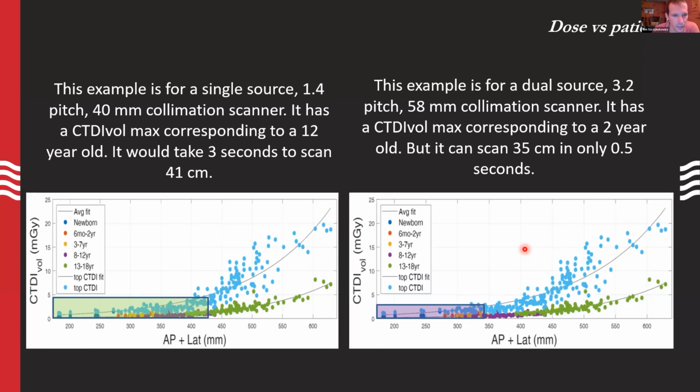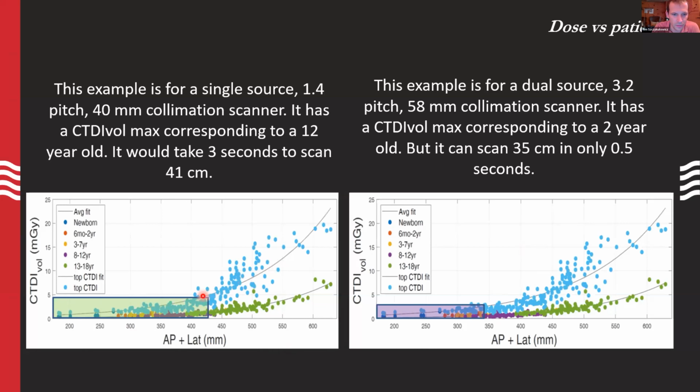What I'm showing here is that the height of the box is the maximum dose this protocol is able to do. And I've overlaid that on the dose curves that I need for various size protocols for my newborn, my 6-month-olds, my 3-month-olds, etc. What this is telling me when I'm setting up these protocols is, okay, in order to image up to this size protocol, I need X amount of dose, right?